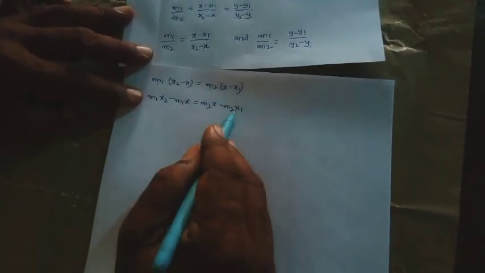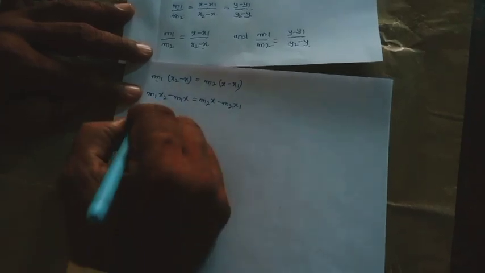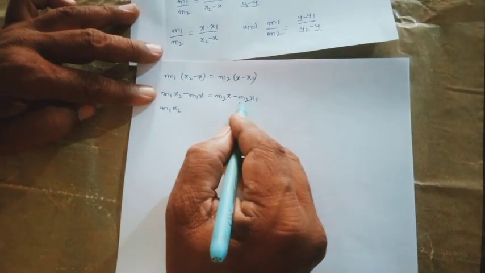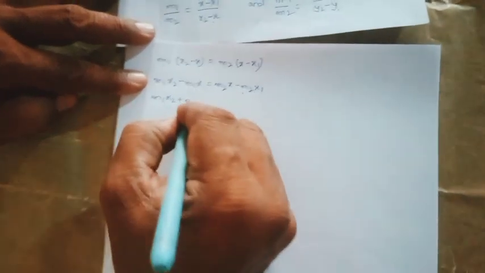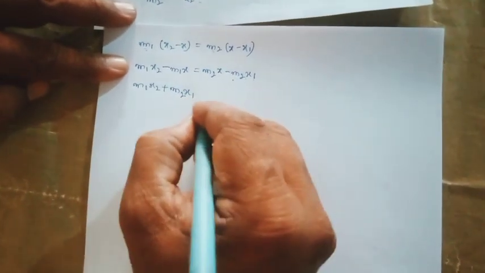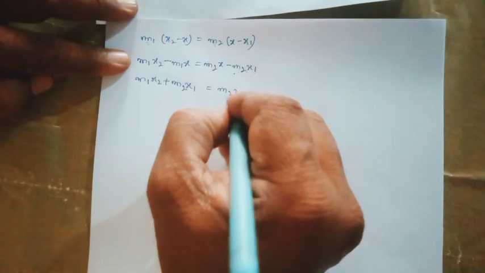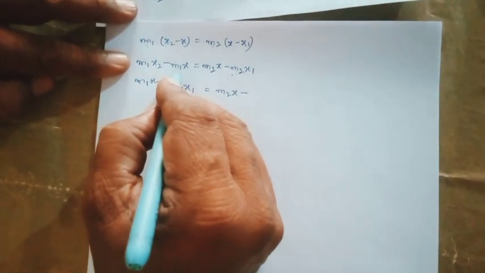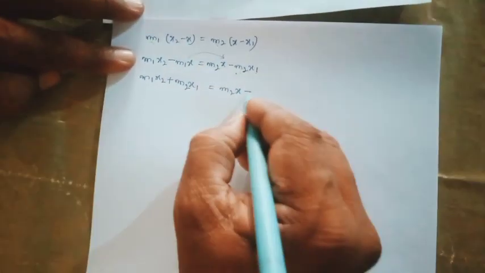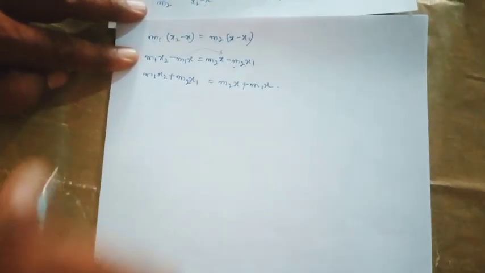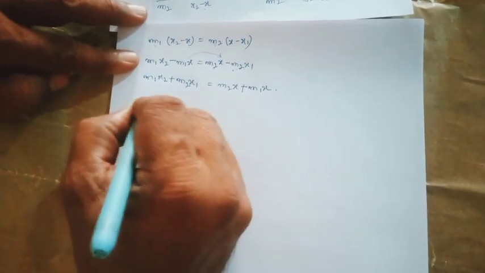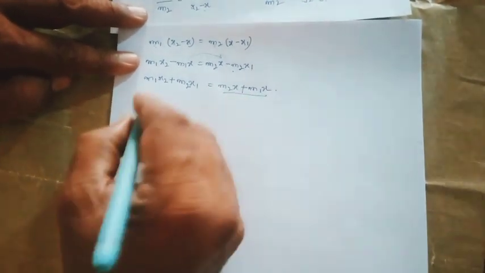Now you rearrange X2 and X1 on one side. M1 X2, and minus M2 X1 if you transfer to LHS, it becomes plus M2 X1, is equal to M2 X minus minus M1 X. If you transfer to LHS, it becomes plus M1 X.